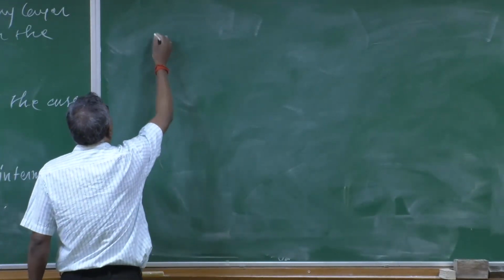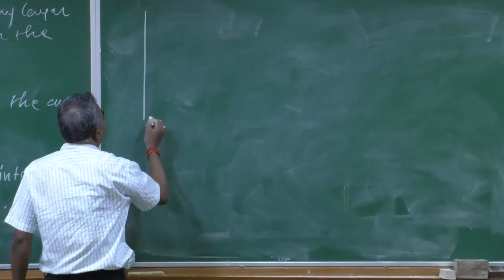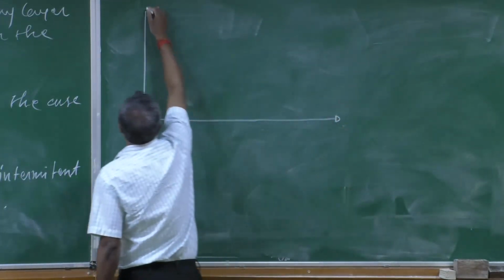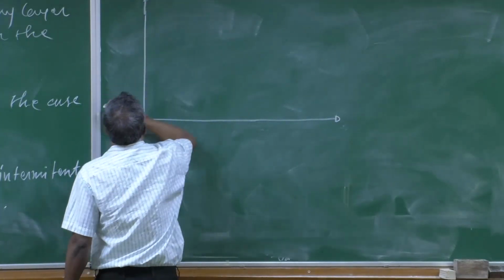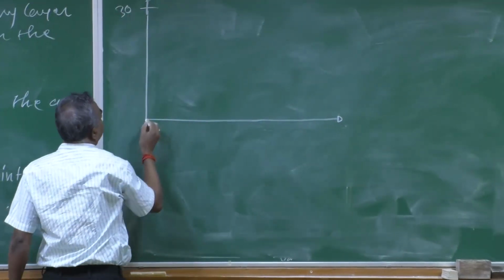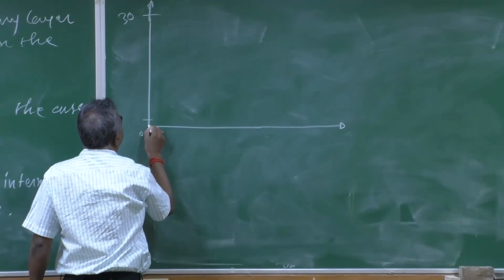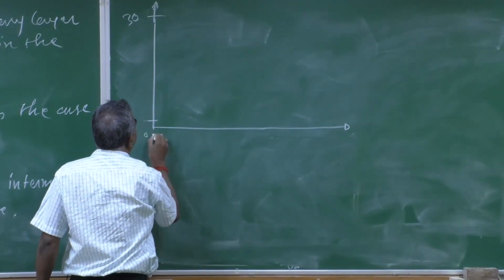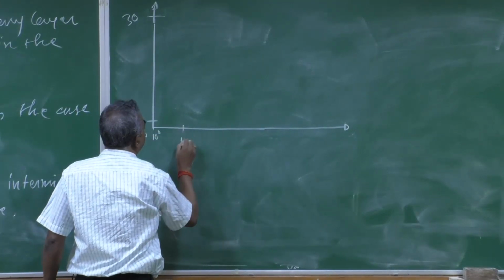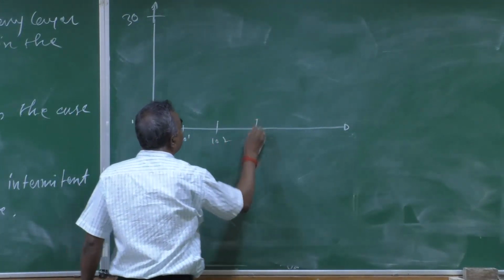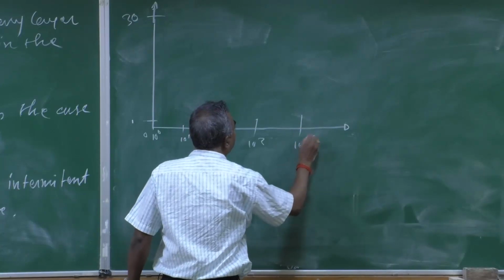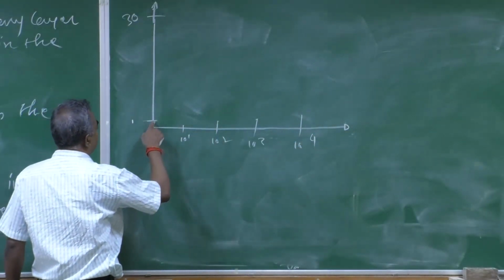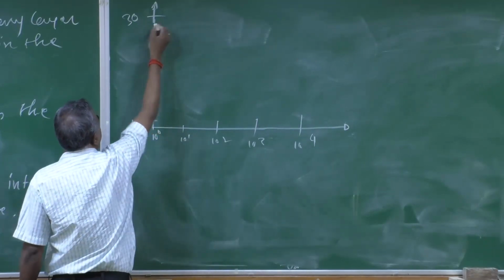If you plot your velocity profile in a turbulent boundary layer, let us say this is 30, this is 0, and this is 1, 10 to the power 0, 10 to the power 1, 10 to the power 2, 10 to the power 3, 10 to the power 4, and so on. And let us say this is 1, this is 2, and the maximum is 30.